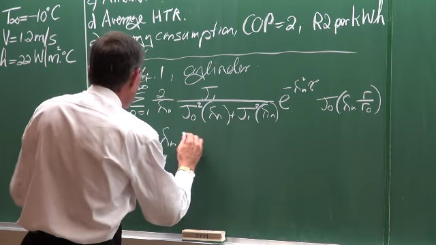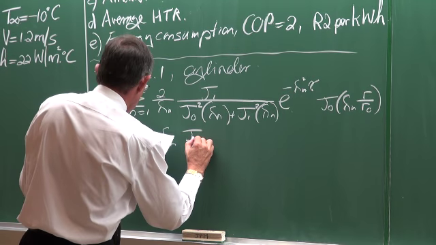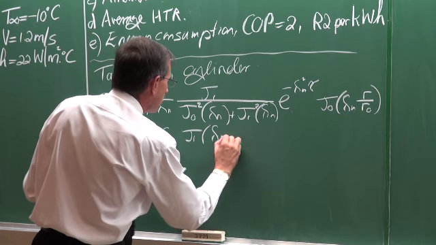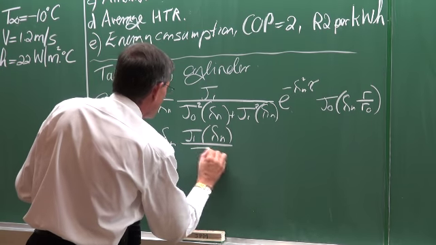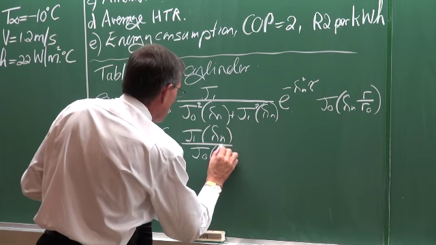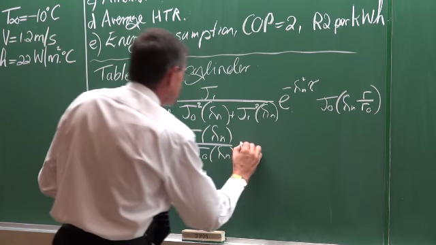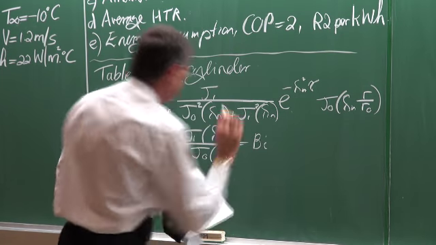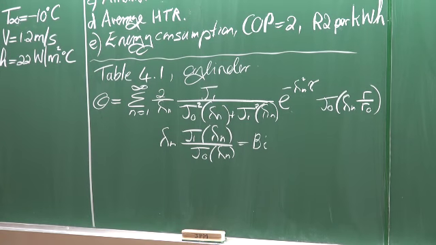In this case the roots are given by lambda n multiplied by J1 of lambda n divided by J0 of lambda n, equal to the Biot number. Now, at least we can get the Biot number.